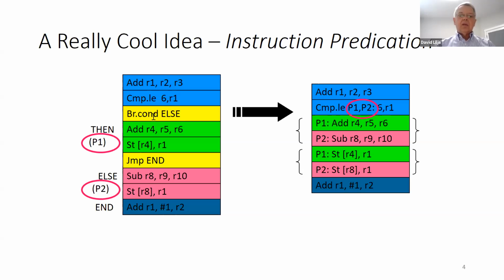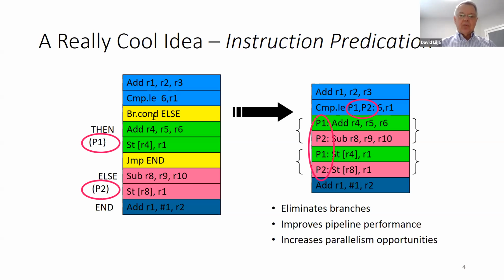The predicates get computed, and then the instructions get run through the pipeline. If the predicate is true, the instruction gets committed. If the predicate is false, the instruction gets nullified. So you eliminate all branch instructions. It improves the pipeline performance, increases parallelism opportunities, and basically makes everything work much more smoothly. At least that's the idea.